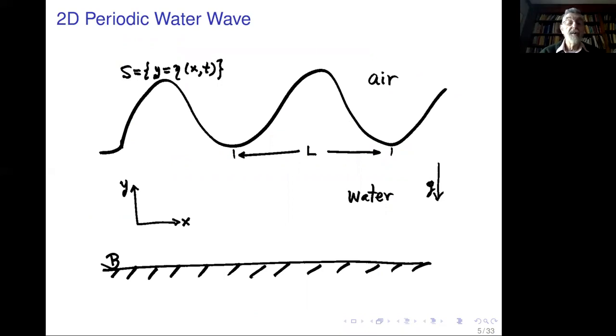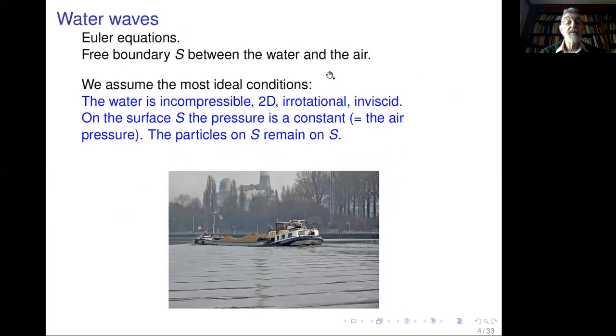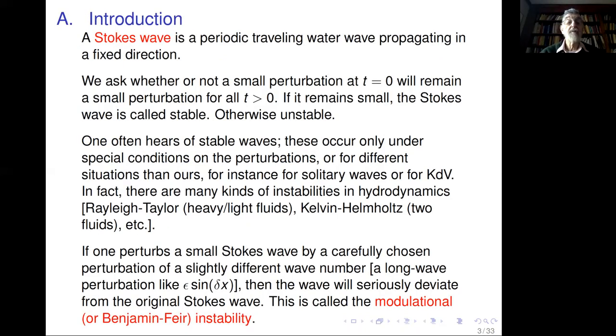So we're talking about water waves. The Stokes wave is a water wave that's periodic. You saw in that picture it was periodic, and it's traveling in a fixed direction at a fixed speed in a horizontal direction. And what does instability mean?